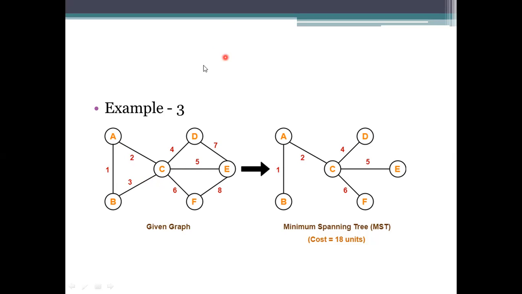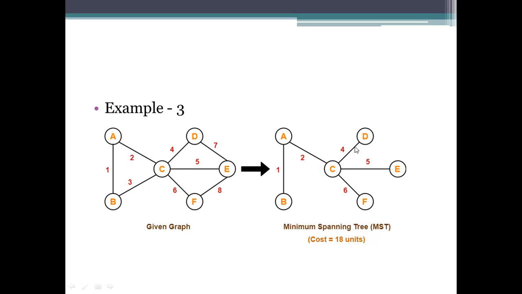If you are using 1, 3, 4, 7, and 8, the weights are high, so the cost will be high also. So try to use the minimum cost or the minimum weighted edges here.